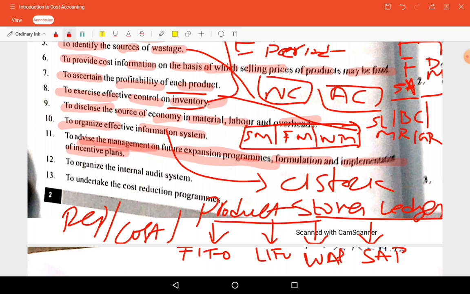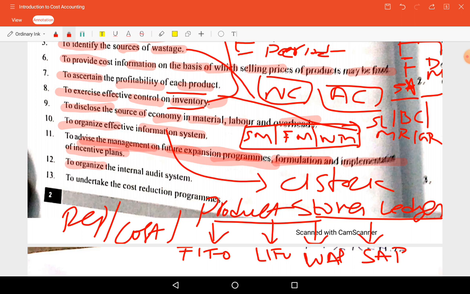If the information provided by the costing department is accurate, it can easily estimate the cost for new projects. So costing will help with future expansion programs as well as formulating and implementing incentives.